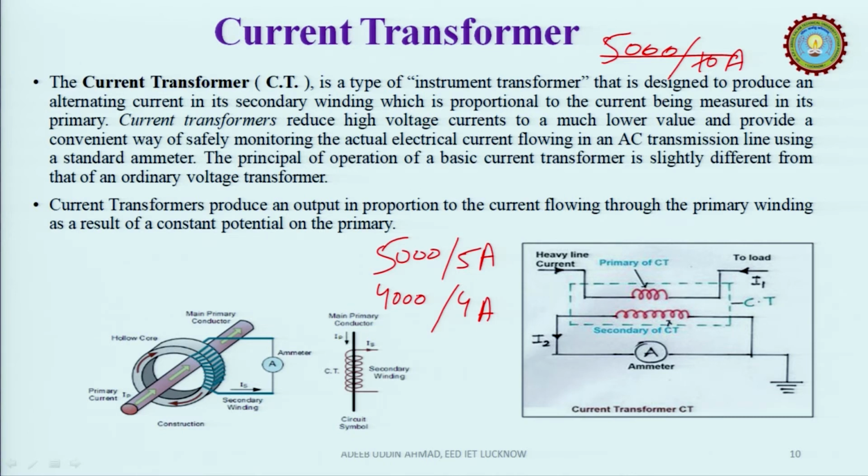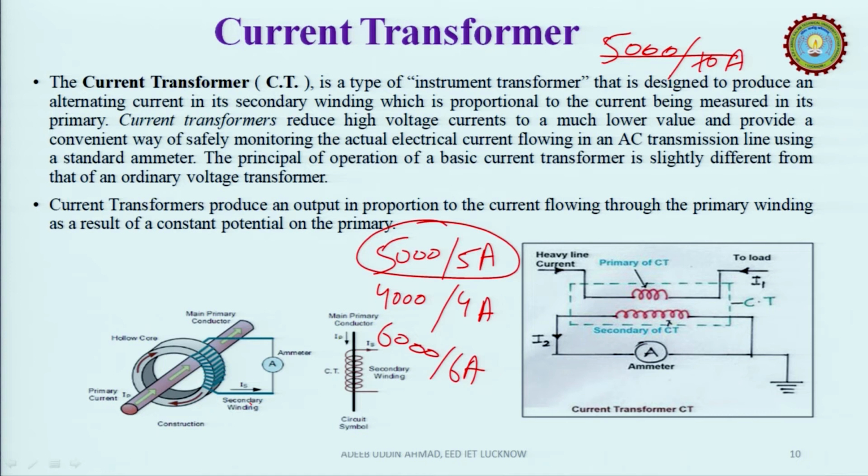Suppose the primary is having some 6000 ampere current. So, this will lead to the secondary of 6 ampere for this 5000 by 5 ampere type of CT. With this diagram you can understand this is the primary, and with this primary we have some hollow core, and on this hollow core we have some winding, and this winding is called the secondary winding.